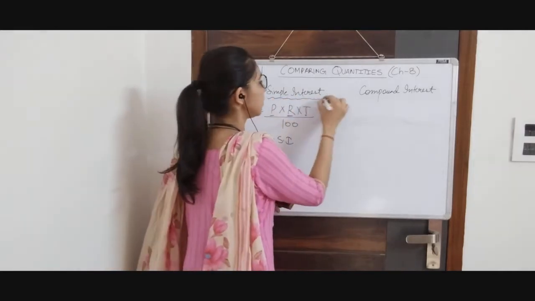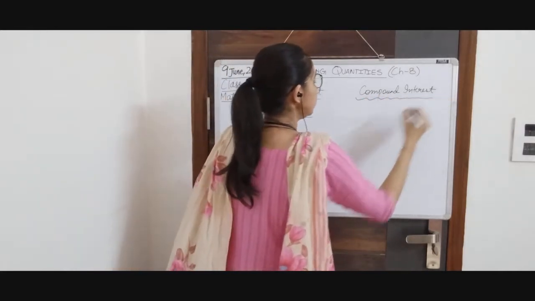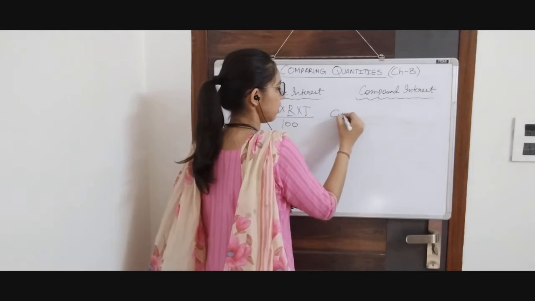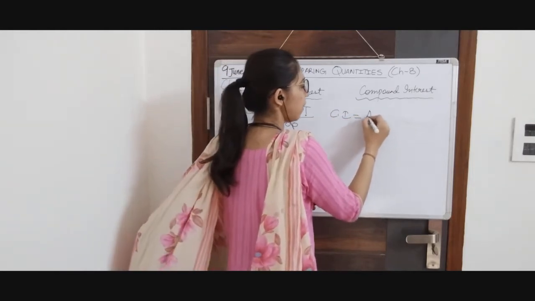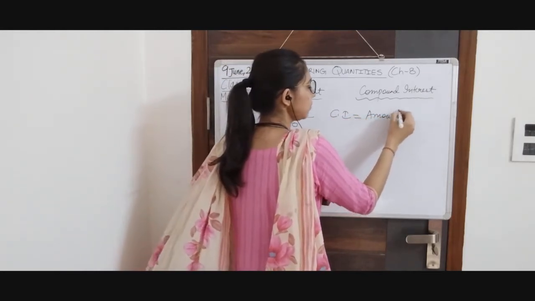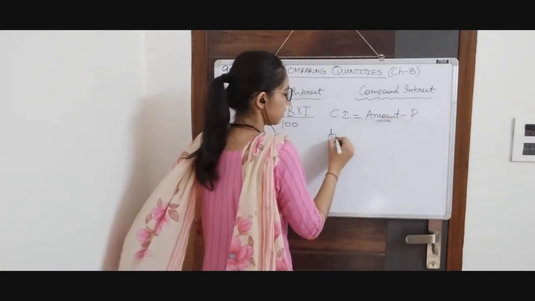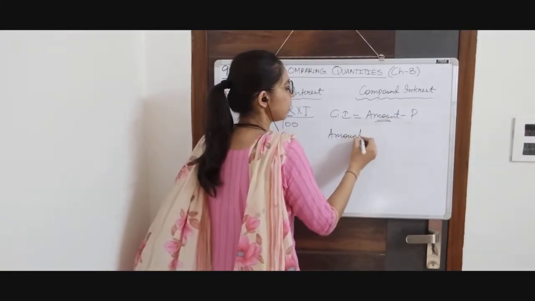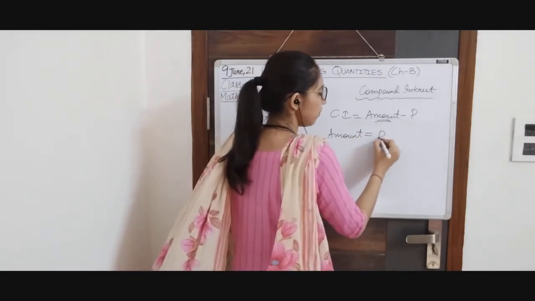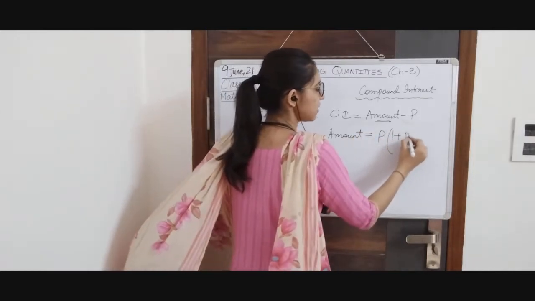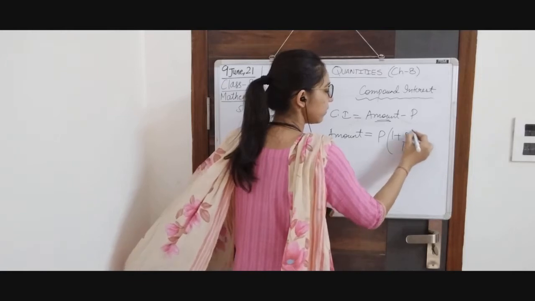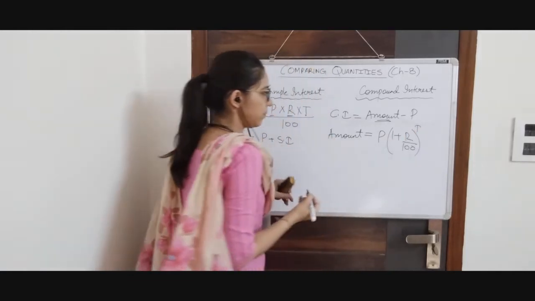Compound interest is equal to amount minus principal, where amount is equal to principal times (1 plus rate percent divided by 100) to the power T.